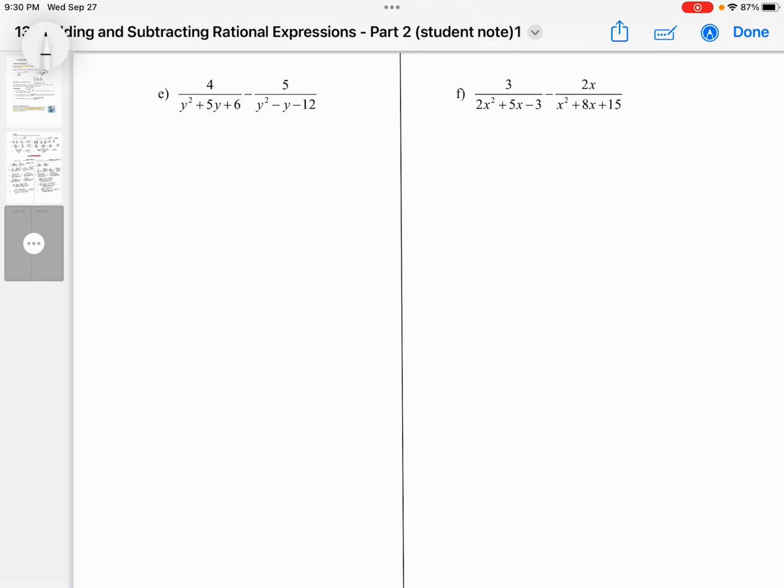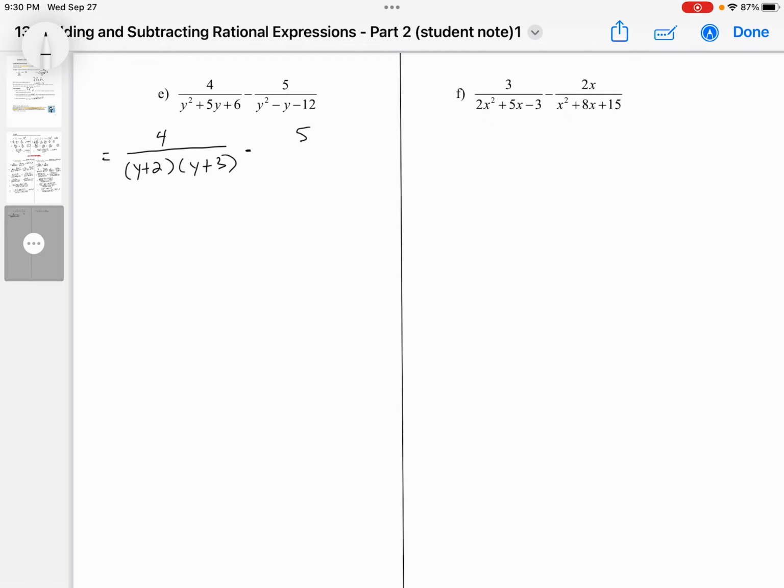All right, a little tiny bit faster here, just in case it's gone too slow for you. First step, factor. So I see both what type of factoring this is. It's not common factoring. It's not difference of squares. It's 2 things that multiply to 6 and add to 5. That's 3 and 2.